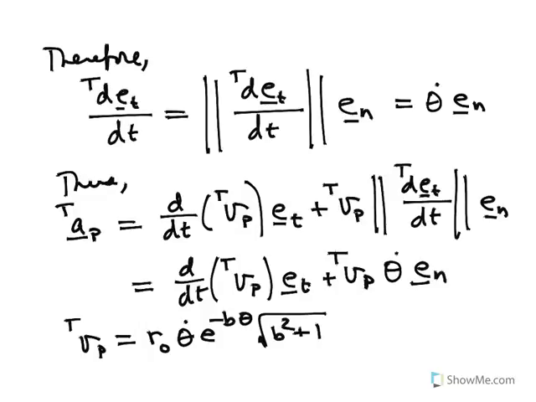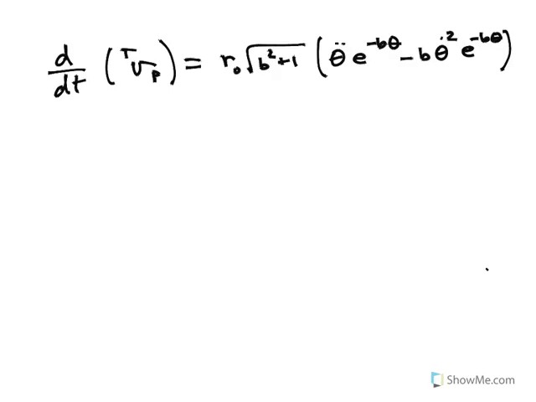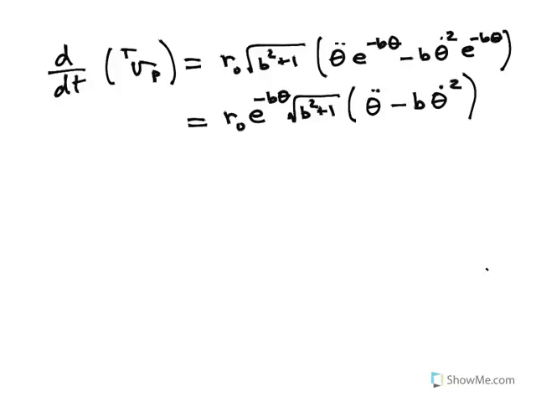Well, because I've got theta dot and then times minus b times another theta dot times an e to the minus b theta. So the e to the minus b theta comes out of this expression, and we wind up with r0 times e to the minus b theta times the square root of b squared plus 1 times theta double dot minus b times theta dot squared. So that's the rate of change of the speed.